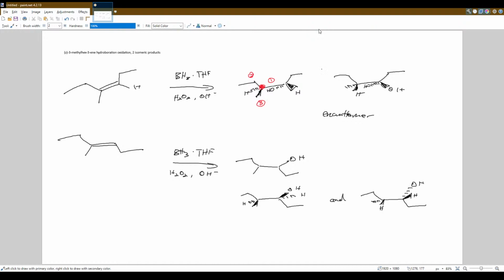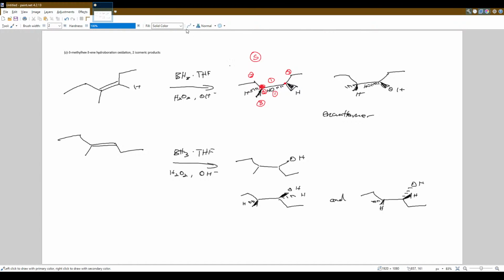That's counterclockwise, and hydrogen's pointing the other way, so that's S. Then this one over here, 1, 2, and then 3.